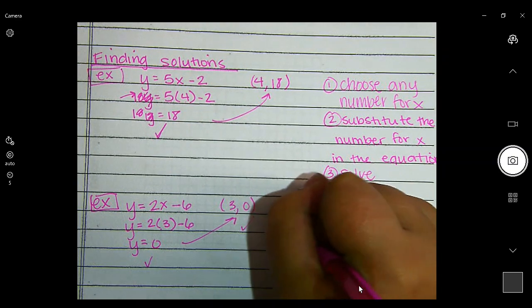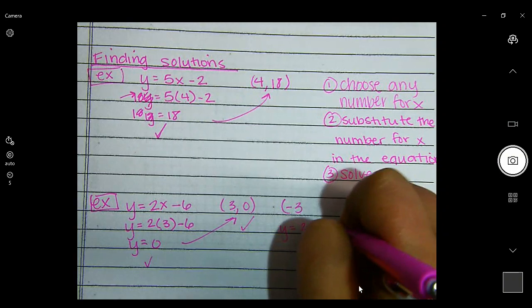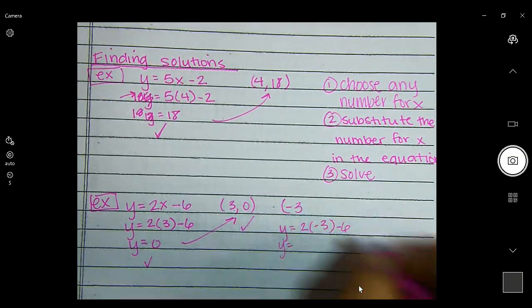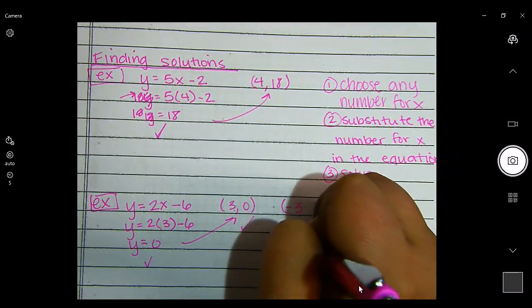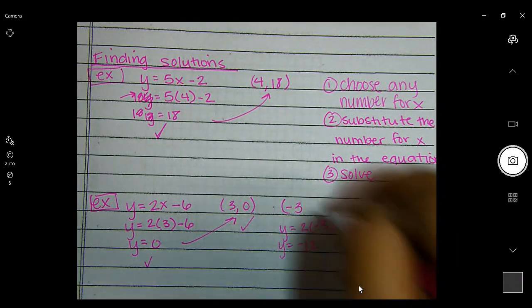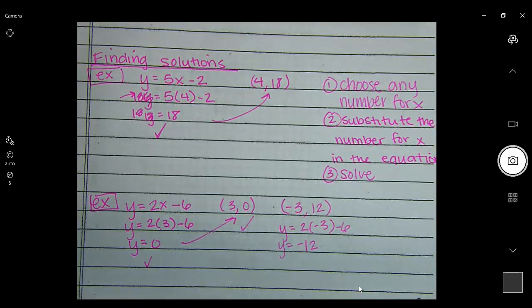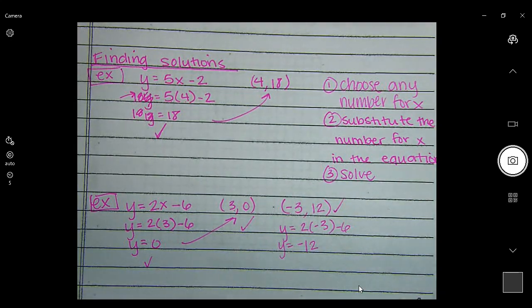So I have y equals 2 times -3 minus 6. So y, 2 times -3 is -6, minus 6 gives me -12. So that means that when x is -3, y has to be -12. Okay, so then that means that this is a correct solution for the same equation.